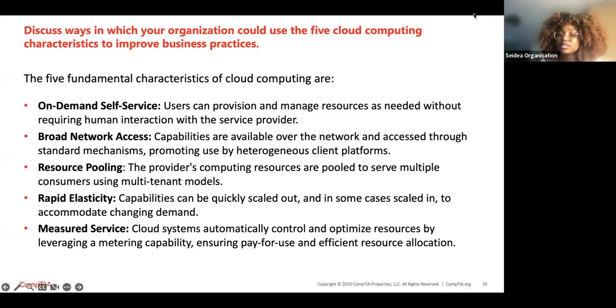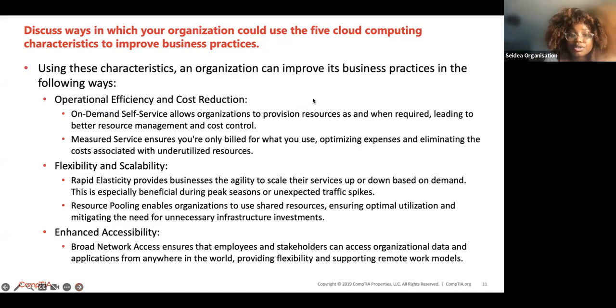And also cloud systems automatically control and optimize resources by leveraging a metered capability, so pay-as-you-go, to increase efficiency. And I think looking at the chat, Chinere said, overall, the five characteristics help organizations streamline their operations, improve scalability, reduce costs, and enhance collaboration, and ultimately drive innovation and business growth, which is true.